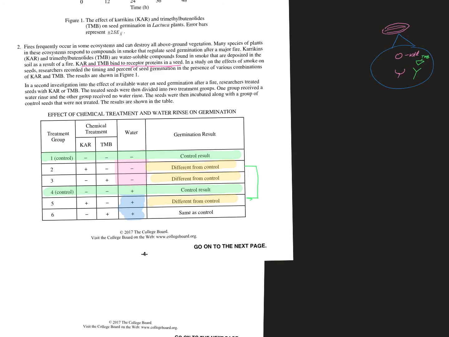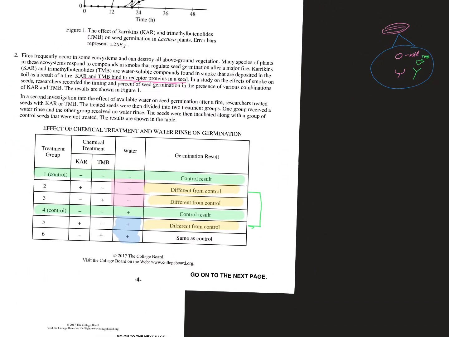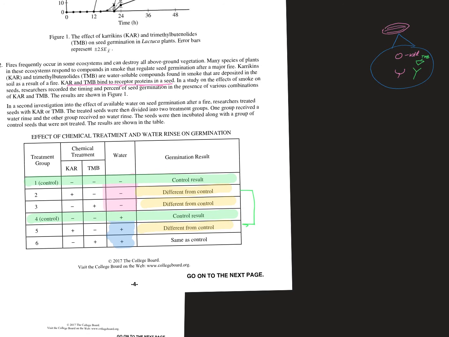KAR binds more strongly, or at least the binding of KAR is not easily dissolved. That relationship between KAR and its receptor is not easily washed off once they bind, fairly strongly, as compared to that between TMB and its receptor.